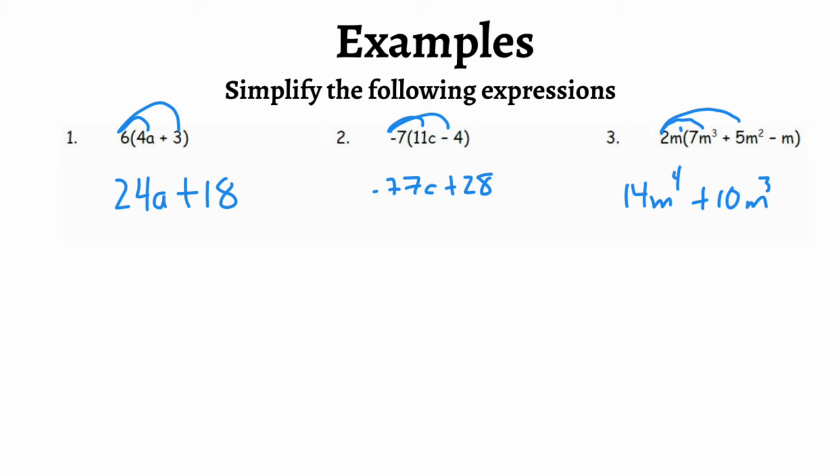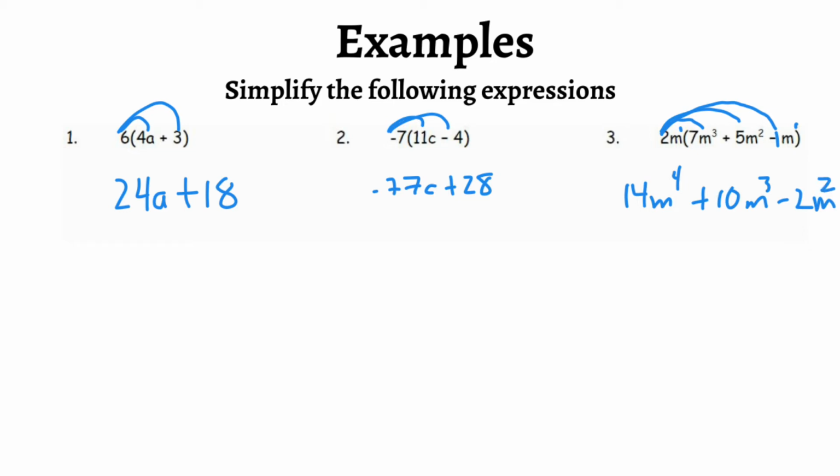And technically, in front of that m, we have an imaginary coefficient of 1. So when you multiply the 2, you're really multiplying 2 times negative 1, which gives you negative 2. And then m times m, since they both have a 1 as an exponent, when you add them, you get m squared, or m to the 2nd power.